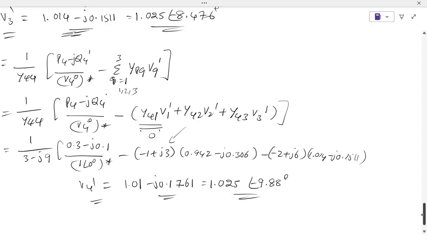If a problem does not give any Q limits, then there is no need to check the violation of Q. Directly you can calculate the Q value, then you consider that Q value as our required Q value. Okay, so I hope this is clear. This is the numerical problem solving on our Gauss Seidel load flow analysis with PV and PQ buses. Thank you.